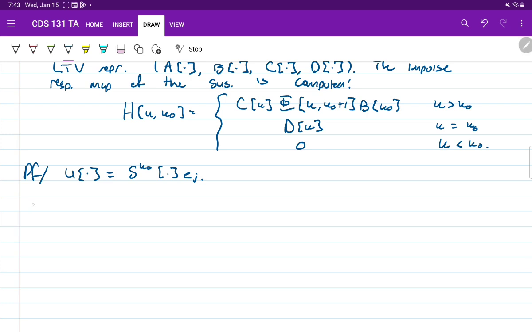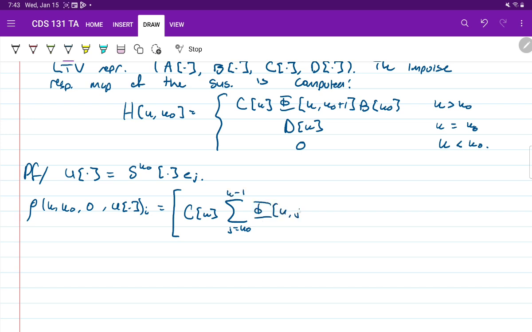Okay, so if I go ahead and compute the IO map using that formula we remembered earlier, we'll have rho of k, k naught, 0, u, coordinate i, will be equal to C at k, sum from j equals k naught up until k minus 1, phi of k, j plus 1, B of j, u of j, plus D of k, u of k.